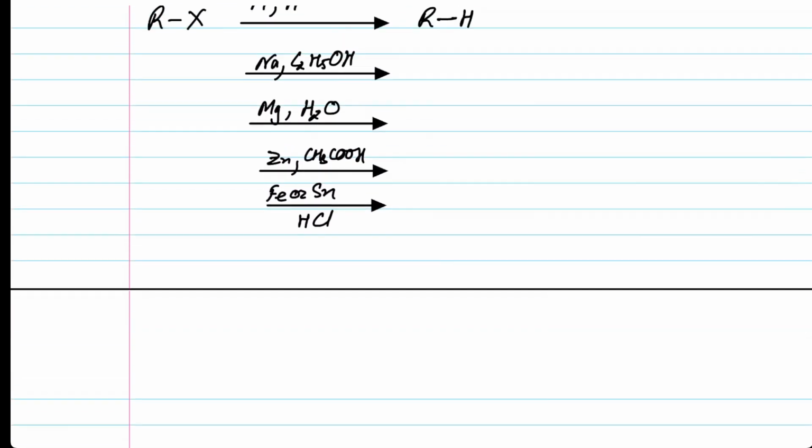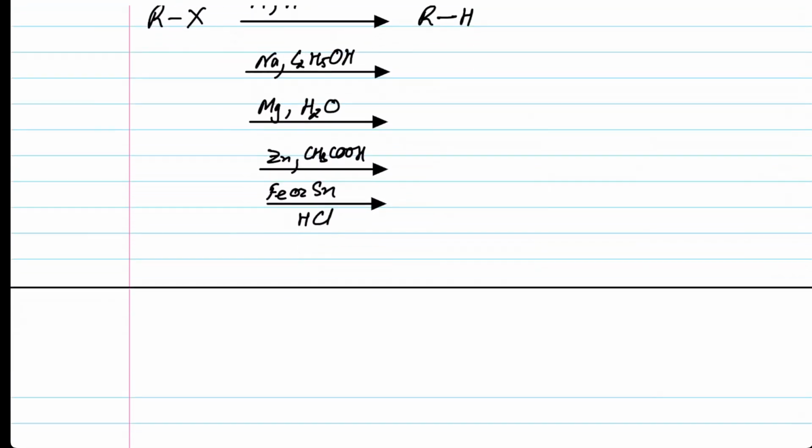Now, there could be a reaction in which we do not have a source of H plus. Like we can have the reaction of the alkyl halide with sodium in the presence of dry ether. So we do not have any source of H plus.